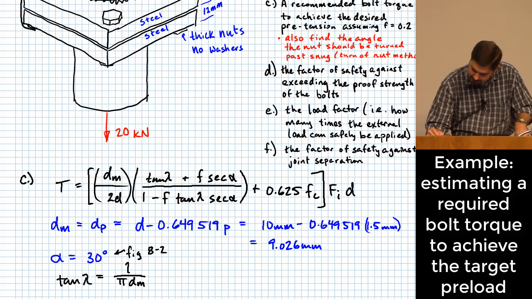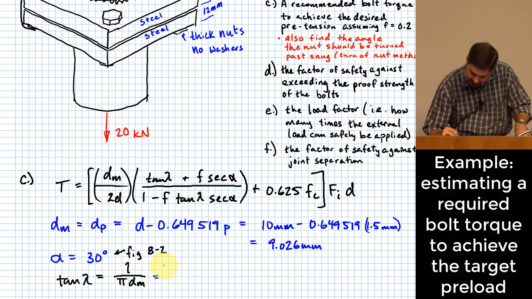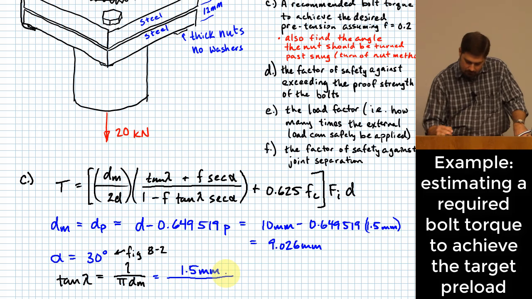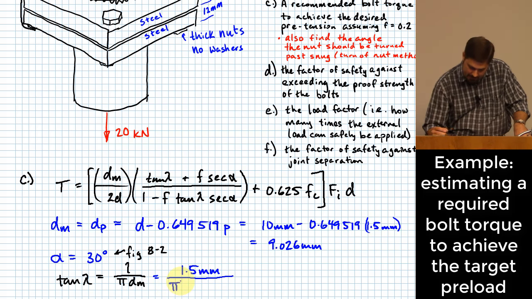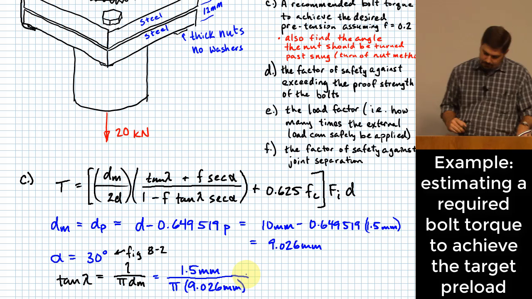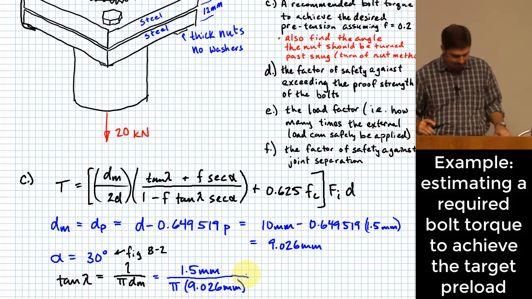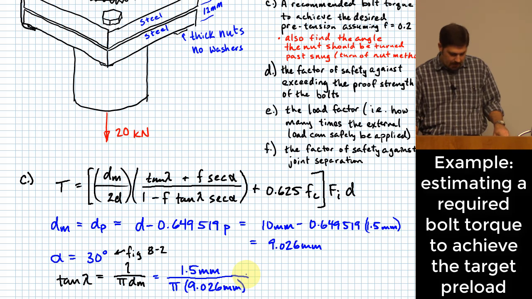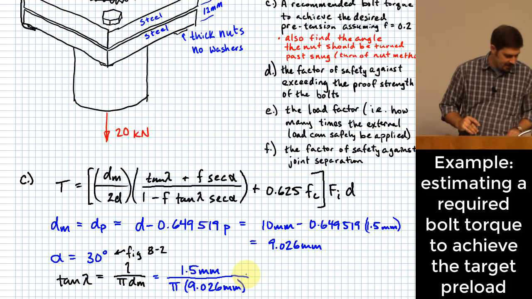All right, well, how do I calculate this? I put in my lead. What's my lead? It's a single thread, so my lead is equal to my pitch. Down here I've got pi times that mean diameter that I just had. I think there's some discussion on it.